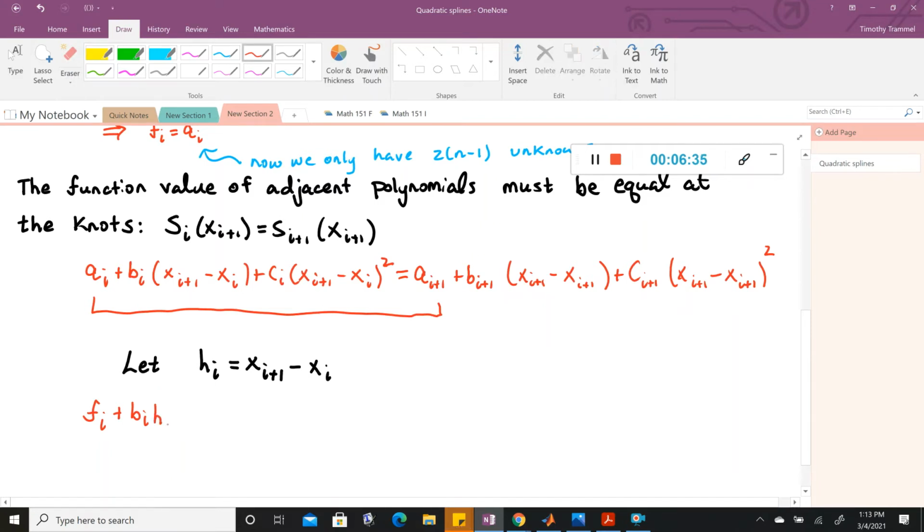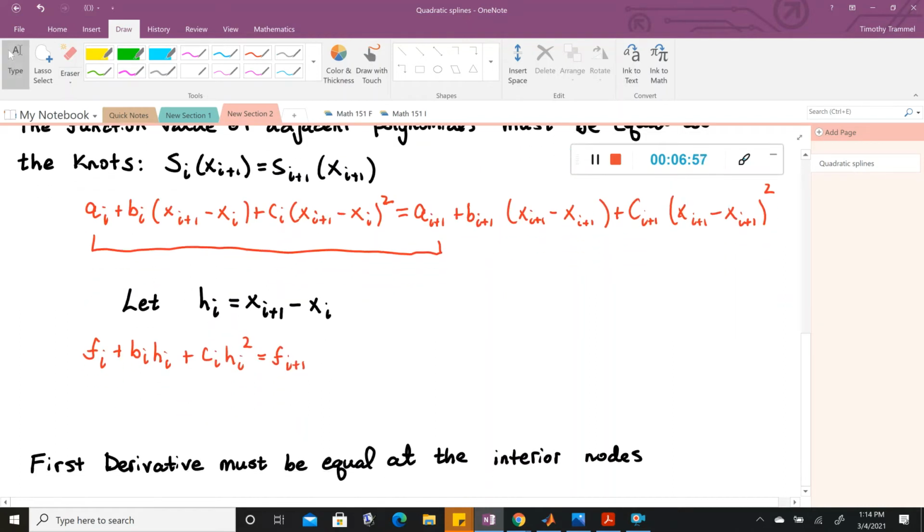It's going to shorten up the formula a little bit, so it looks a little less messy. And then plus c sub i times h sub i squared. And instead of a sub i plus 1, I'm going to write f sub i plus 1.